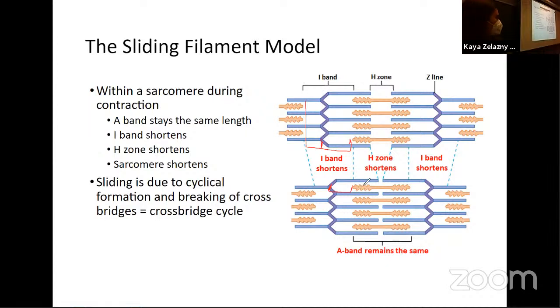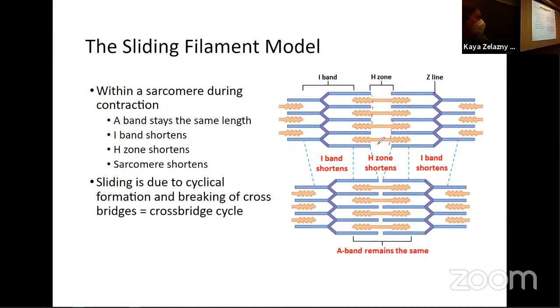We're having more overlap between the myosin and the actin, meaning that this region of no overlap, the I band, is shorter. The H zone was the very center here. So it encompasses mainly what we call the bare zone of the myosin here, the part where we don't have those little heads sticking off.